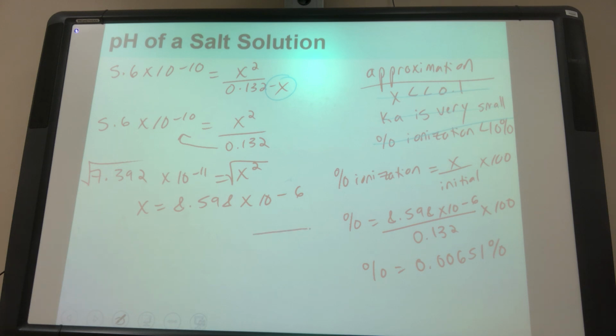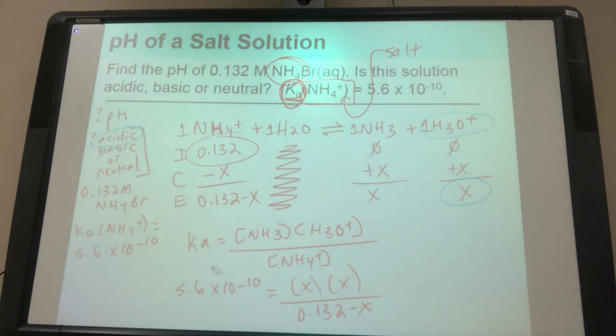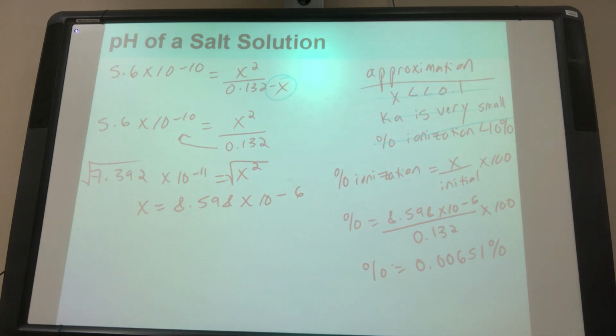Now, what were we trying to find? What was the whole point? pH, that's what we wanted. We said pH is negative log of my H3O+. H3O+ was equal to X, which I have. So I know that this is also equal to my H3O+ concentration. pH, negative log of H3O+. Plug it in.